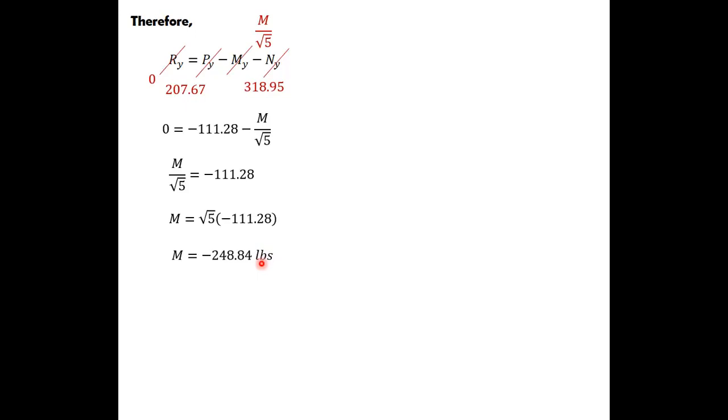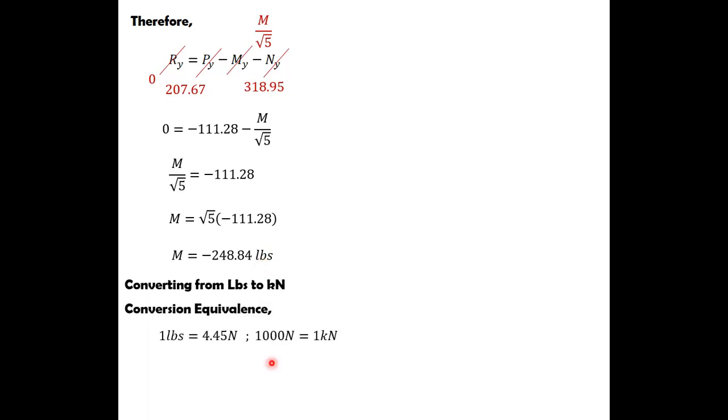Just to give you an idea about the conversion equivalence between pounds and kilonewton: every 1 pound is equal to 4.45 Newton, and definitely 1,000 Newton is equivalent to 1 kilonewton. These are the important conversion equivalents that we need to remember every time we want to convert pounds to kilonewton. So gagawin muna natin dito is to convert muna pounds to Newton, and then i-convert na natin yung Newton sa kilonewton.